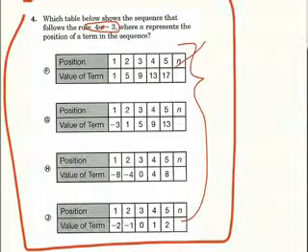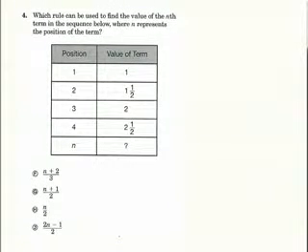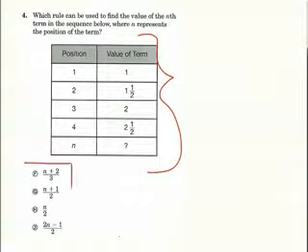The second way that they can test it is something like this. They're giving you a table, or they can write it out, and they want you to come up with the expression. That's another way that they can test it.